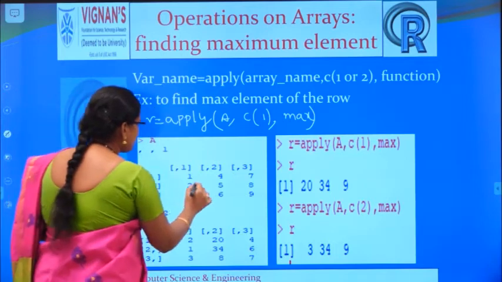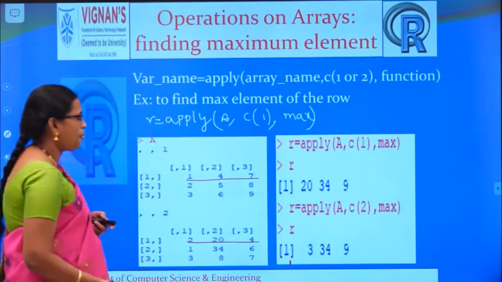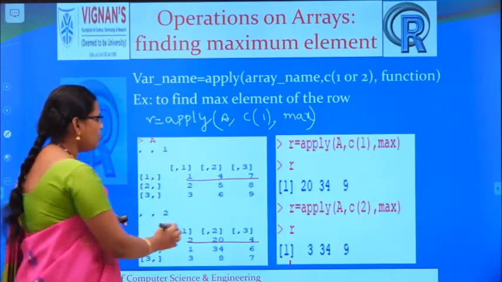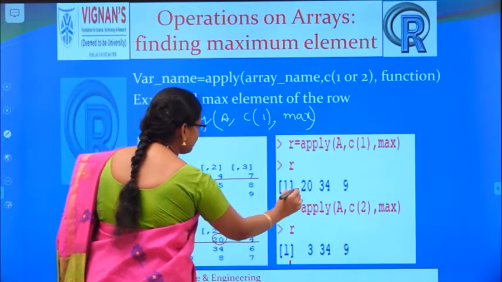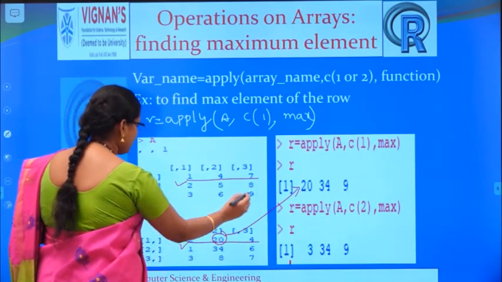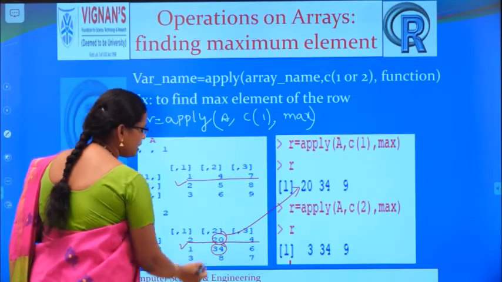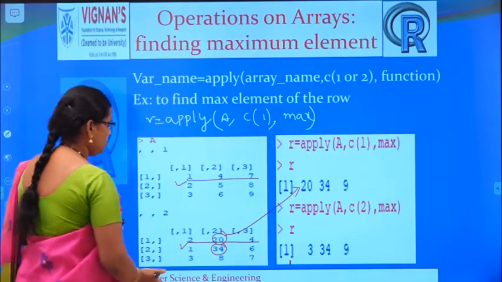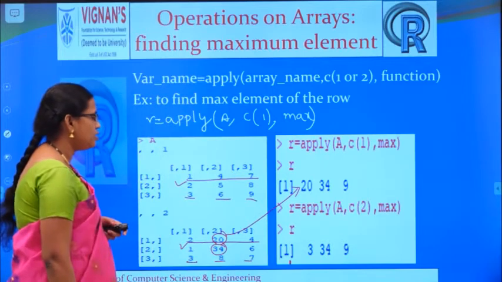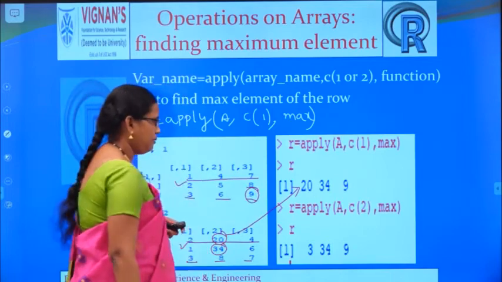The first row elements are 147 and 224, and the maximum when compared across them is 20, so 20 gets printed. The second row elements are 2, 5, 8 and 1, 34, 6, so the maximum element is 34. In the third row, the elements are 3, 6, 9 and 3, 8, 7, and the maximum element is 9.